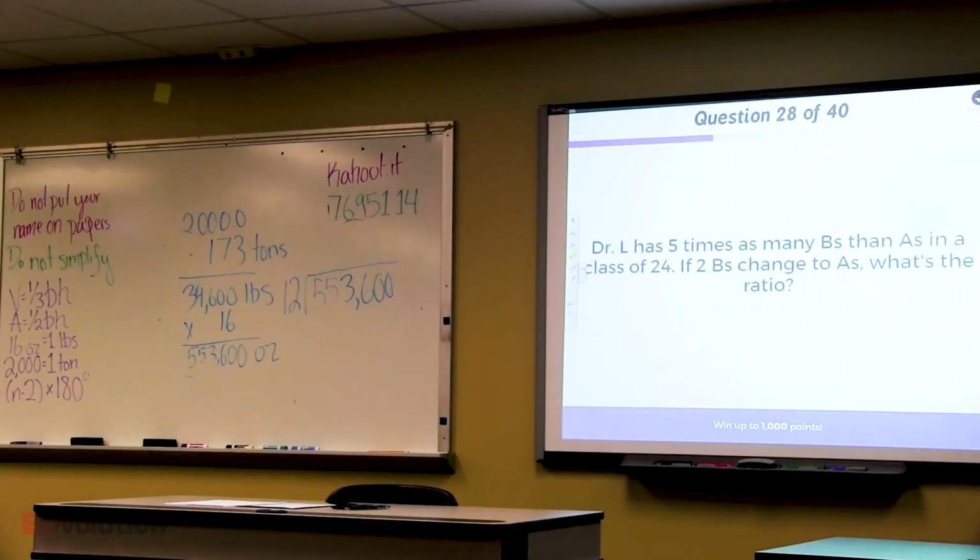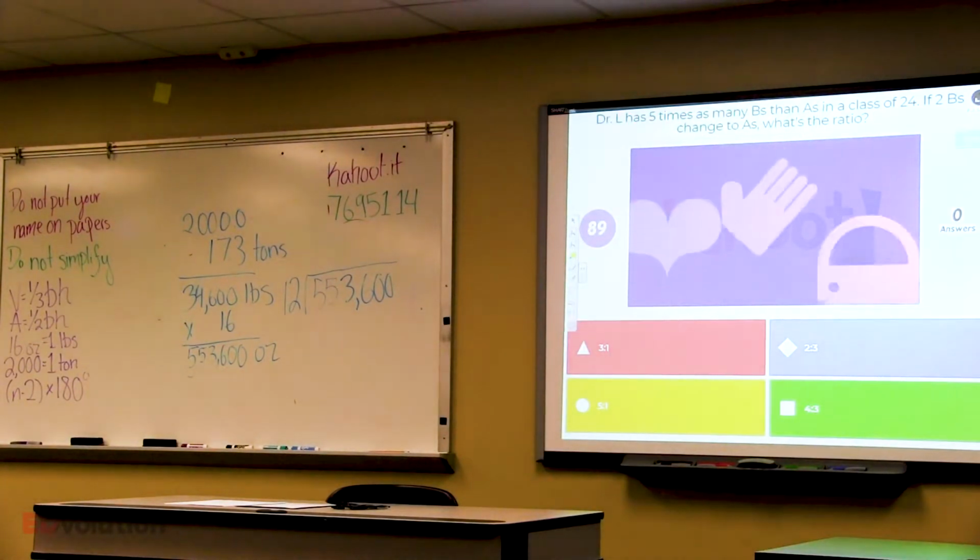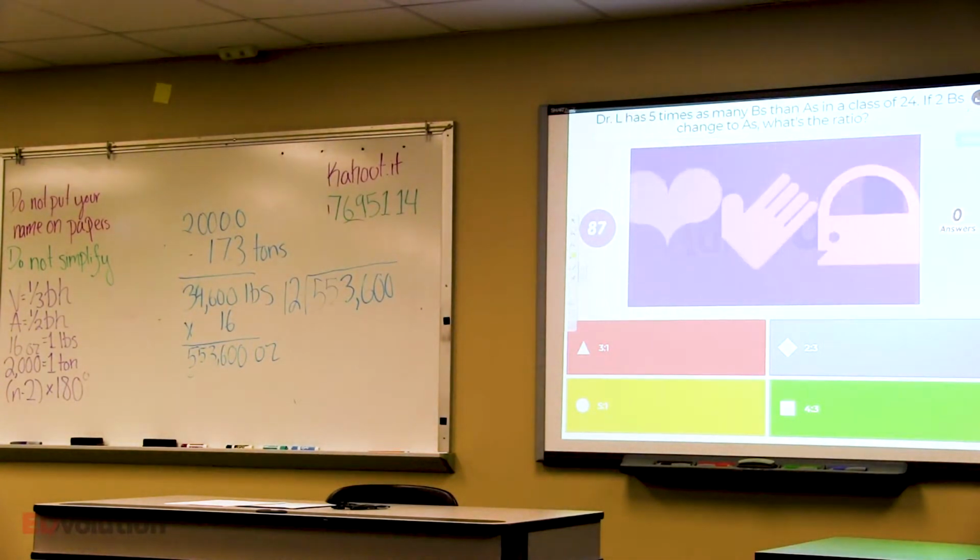Dr. L has 5 times as many B's as A's in a class of 24. If 2 B's change to A's, what's the ratio?